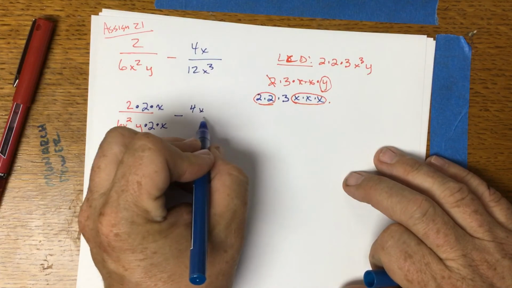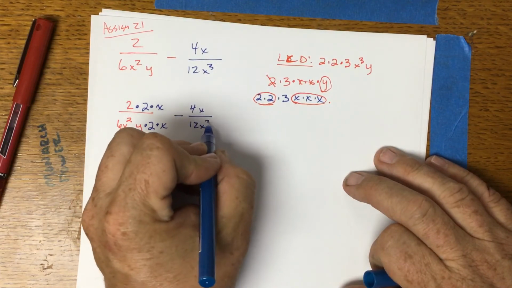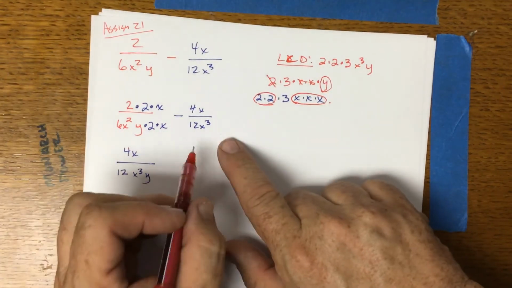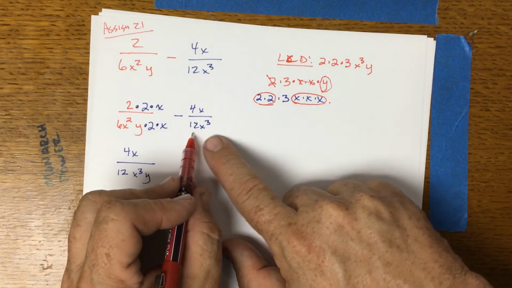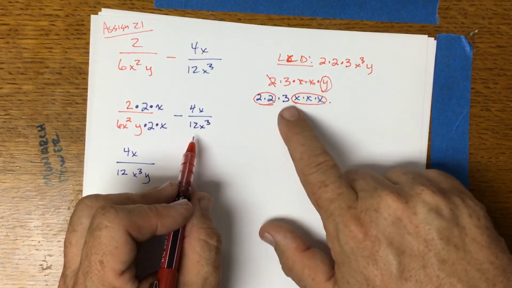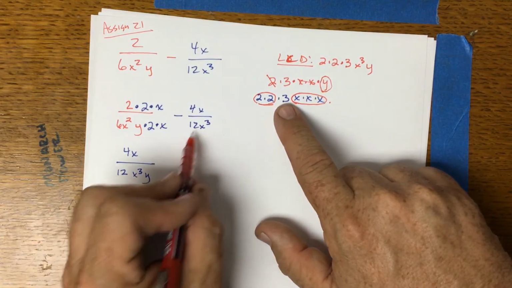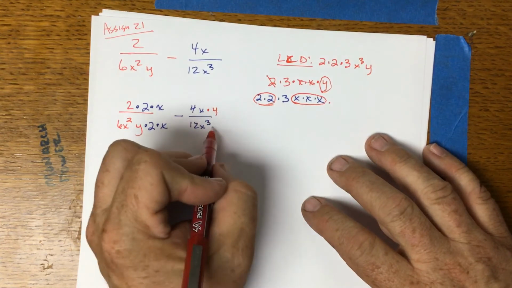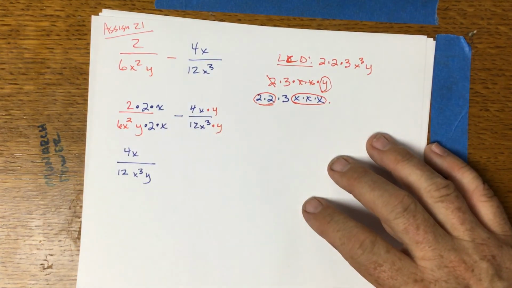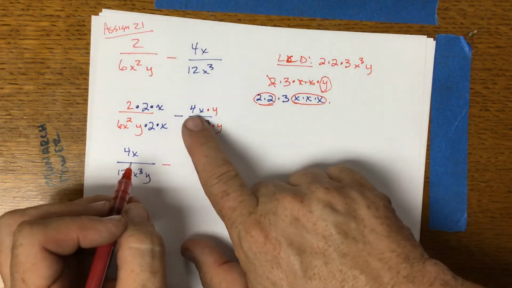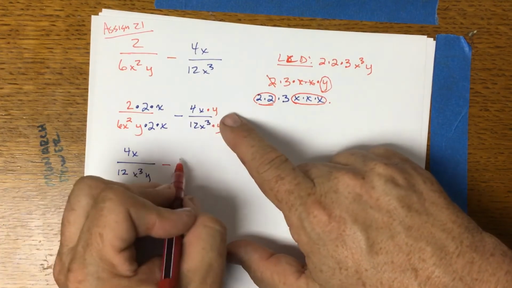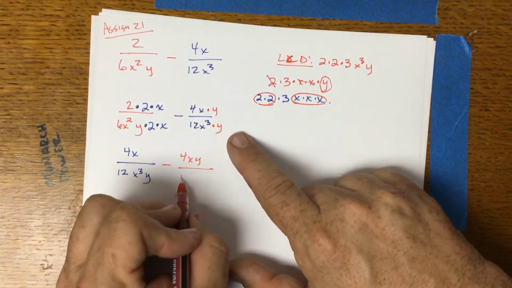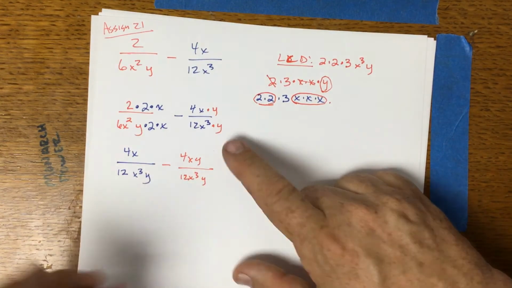Take my 4x, take my 12x cubed. Now I look at this and go, okay, I've got all the numbers I need because that's 12, so those are going to match. I got x to the third. The only thing I need on this one is my y. So now I've got subtract 4xy and 12x cubed y.